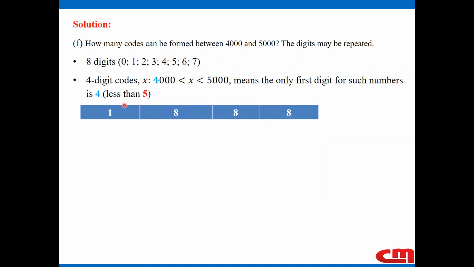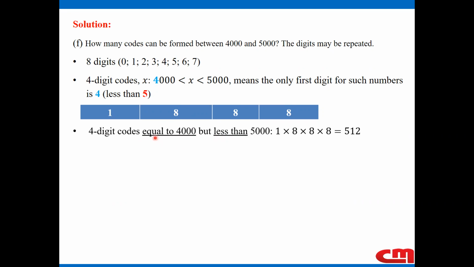As we do this, we need to note that because of repetitions, the possibility of getting 4,000 is there.